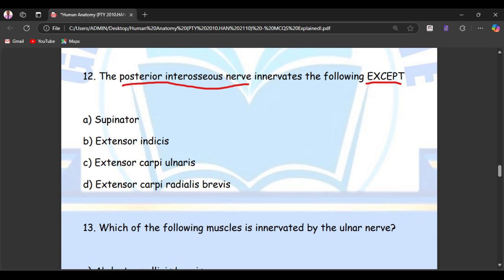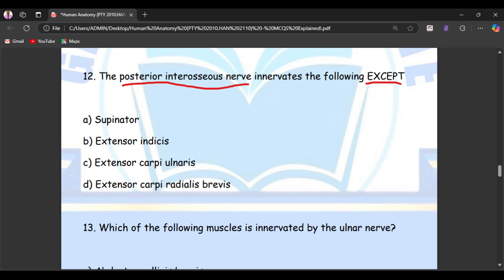As far as sensory functions are concerned, it does not supply any cutaneous innervation. When it comes to motor functions, it supplies motor innervation to most of the muscles in the posterior compartment of the forearm.